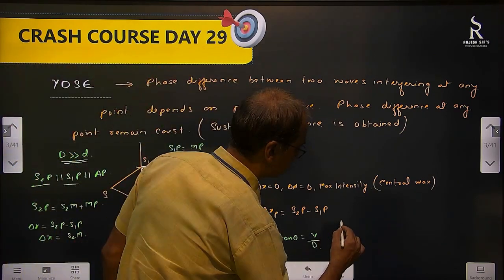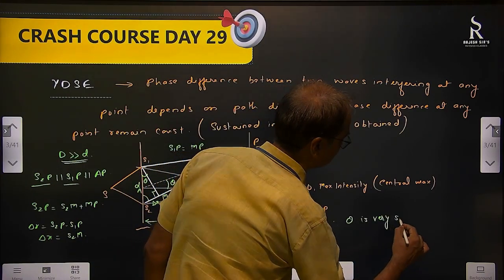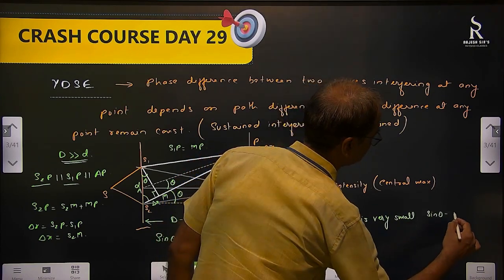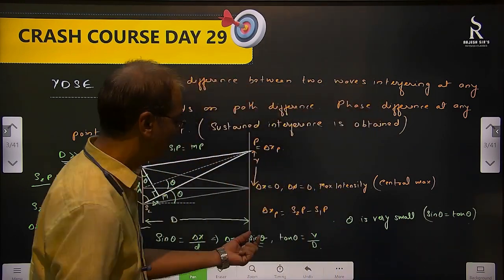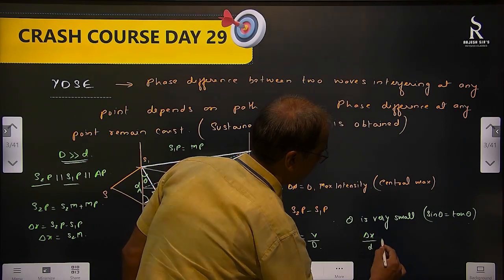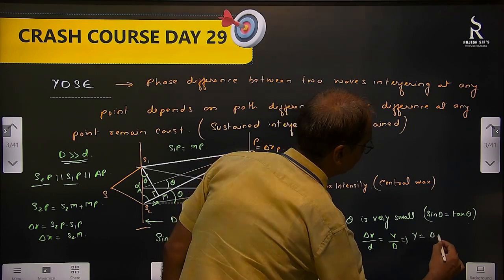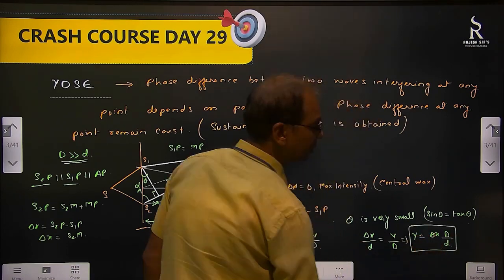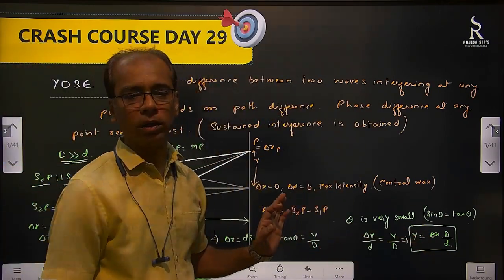So sine theta is delta x by d and tan theta is y by D, so y equals delta x times capital D by small d.